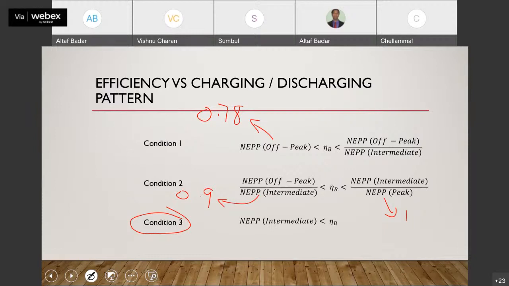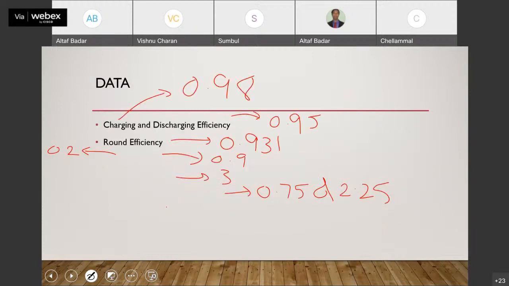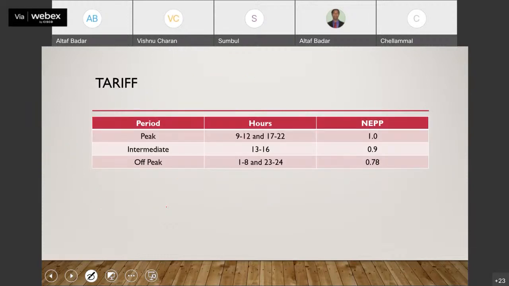No, I'm not getting it. From where do we extract this data? Sir, that table, next to the table we have. I think she's asking peak, intermediate, off-peak. This one, NEPP, sir, these rates. Yeah, this one. Thank you, sir.